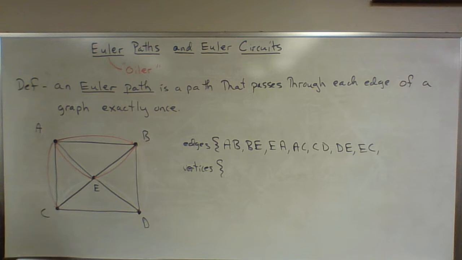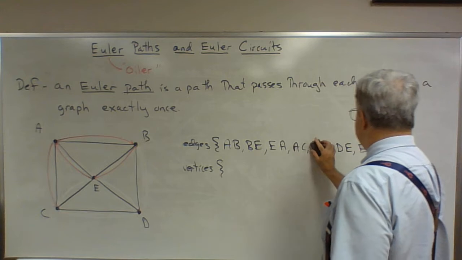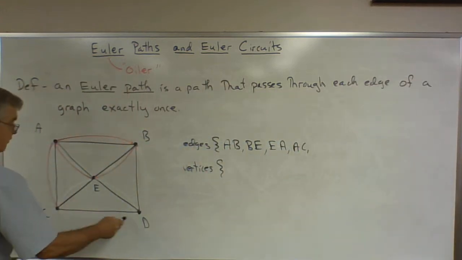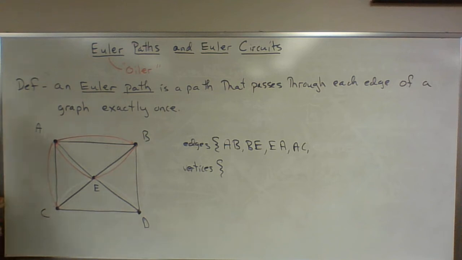So I'll go from A to C, and I'll do things differently from there on. Instead of going from C to D, I'm going to go from C to E, and I'll cover this edge, CE.